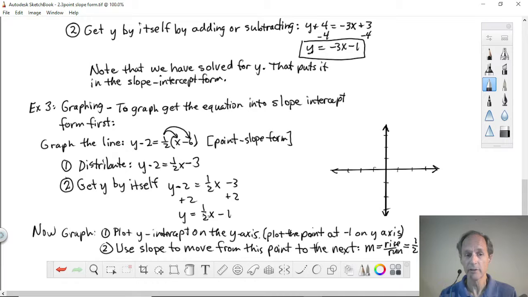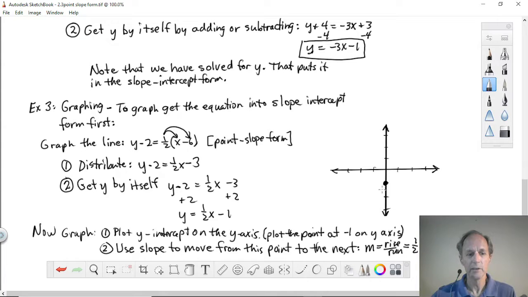We pull that out of our slope-intercept form of the equation. The rise over run is 1/2. So the rise is 1, the run is 2. So let's do that. Our point on the y-axis, the intercept, is -1, right? So we go right there to -1, and we put that there.